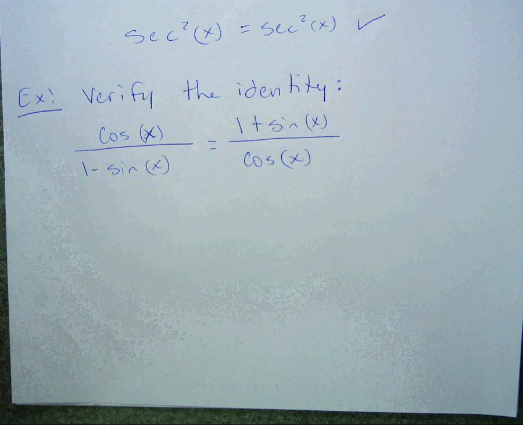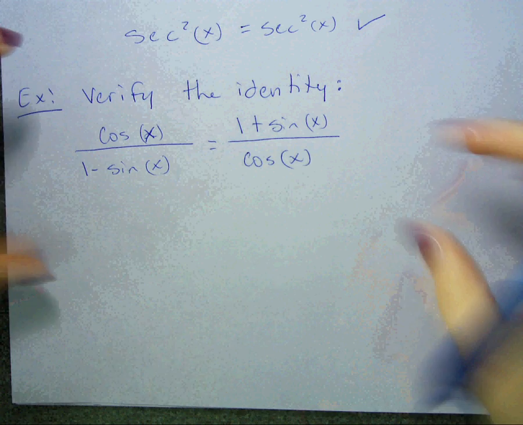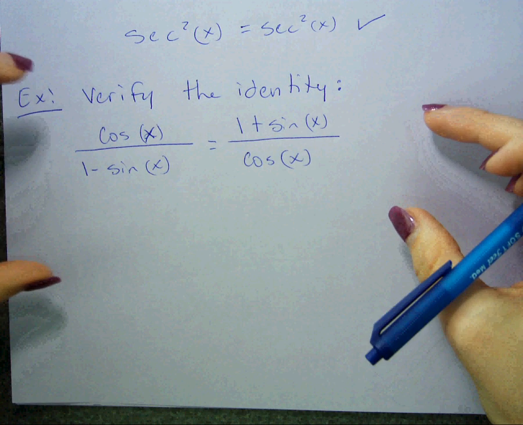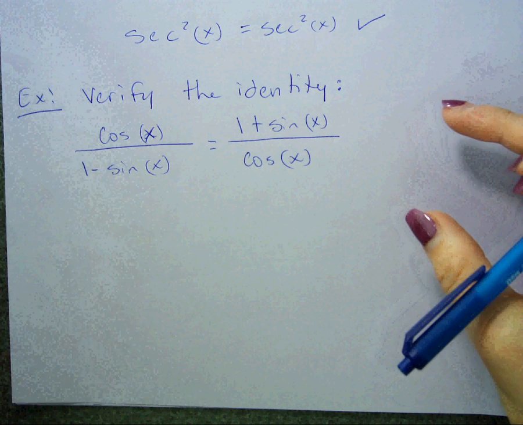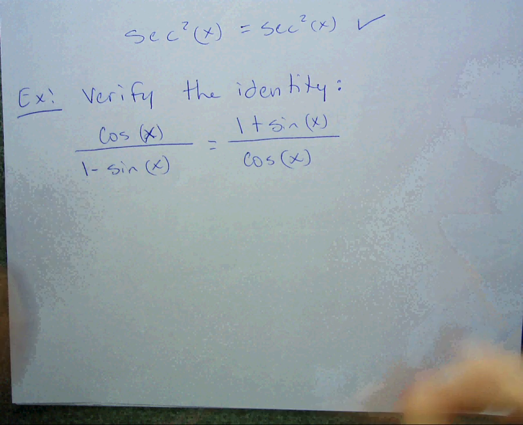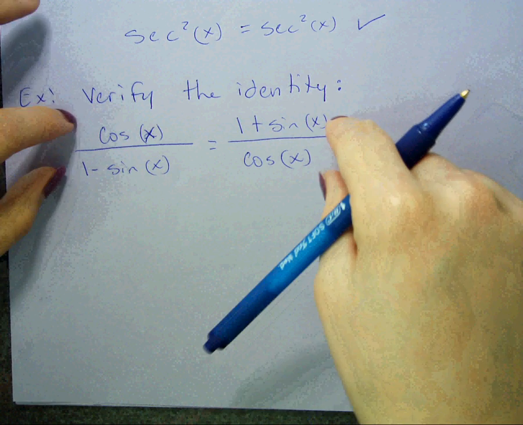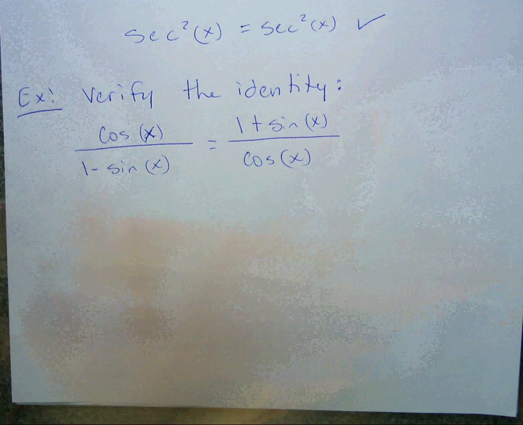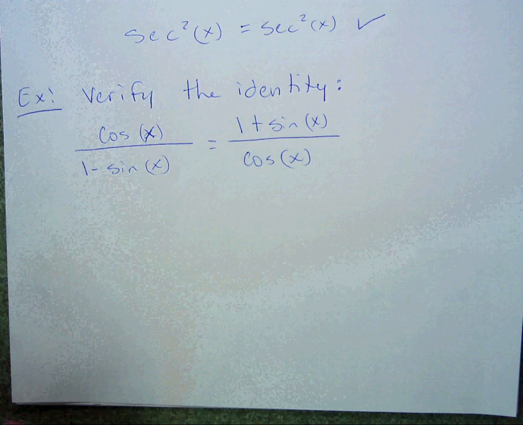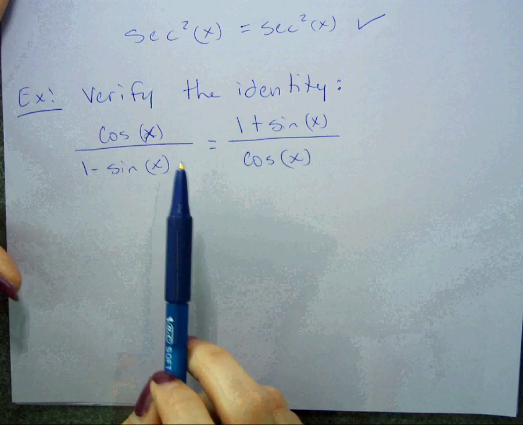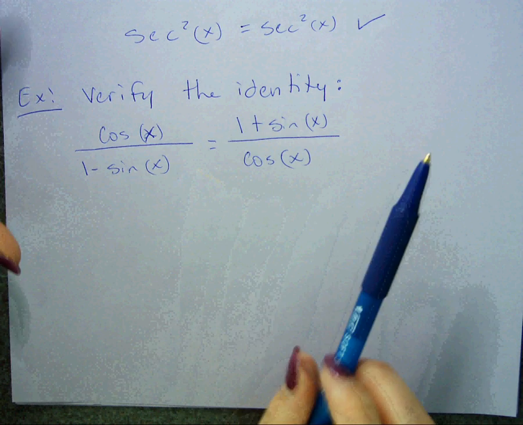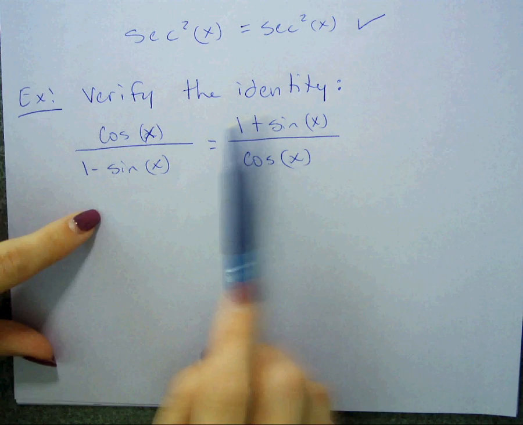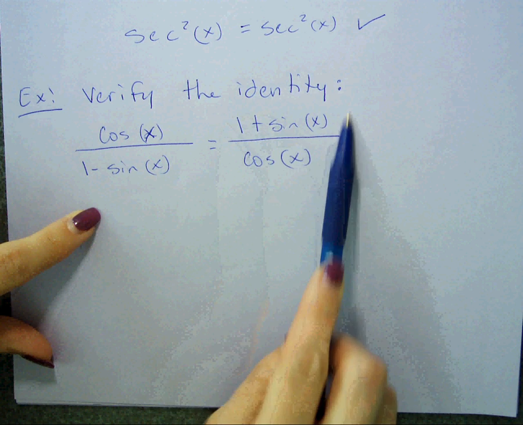All right. Depending on what the equation or the identity looks like, it's going to dictate how you go about solving it. If you have fractions on either side. Okay? It really does not matter what side you go for, but one good way to go about solving this is looking at what my end goal is.